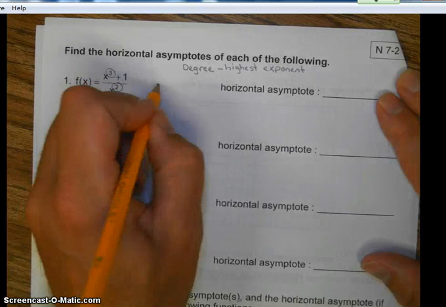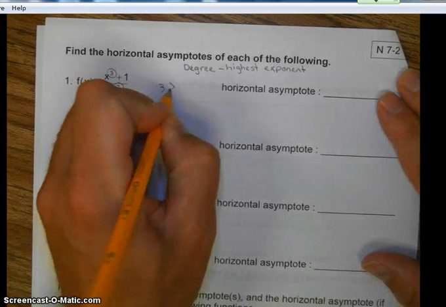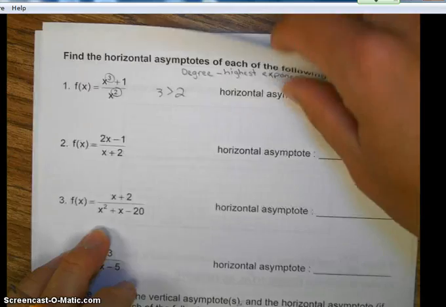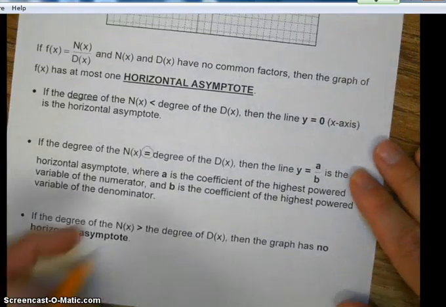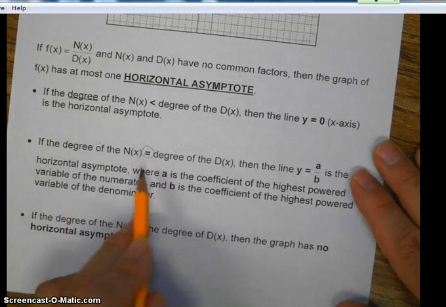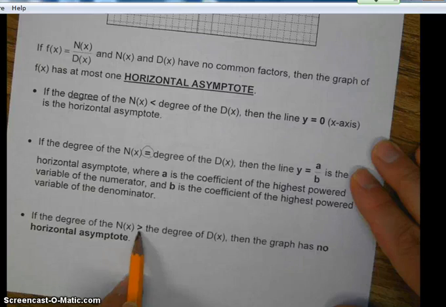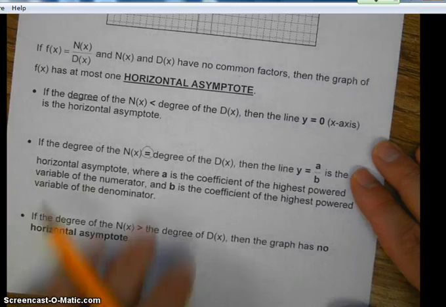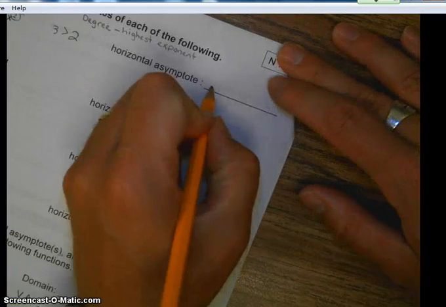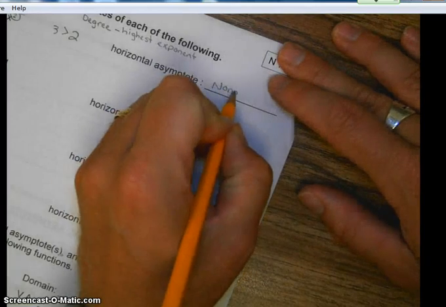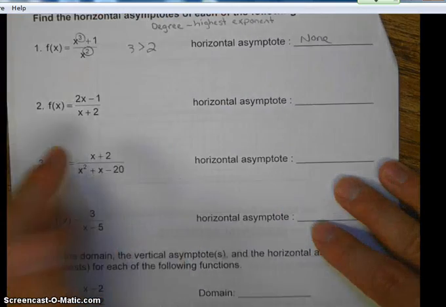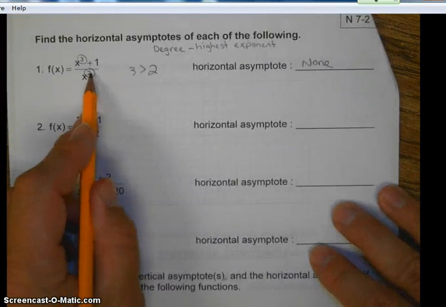Well, 3 is greater than 2. Looking back, here it's less than, here it's equal, here it's greater than. So what kind of asymptote? No horizontal asymptote. So I'm going to write none. There is no horizontal asymptote for this function.